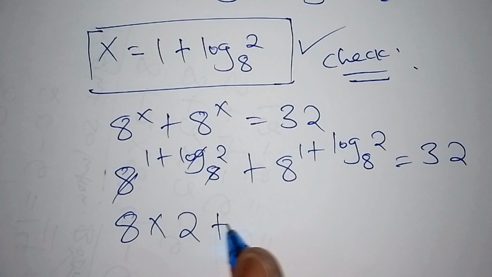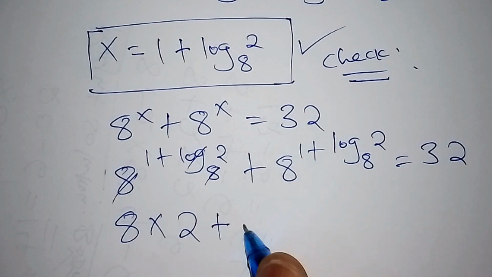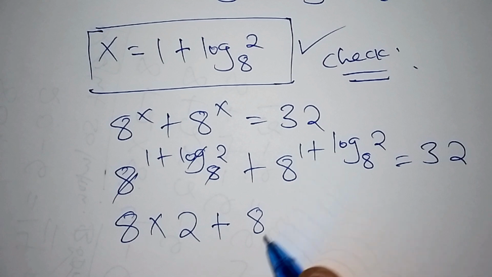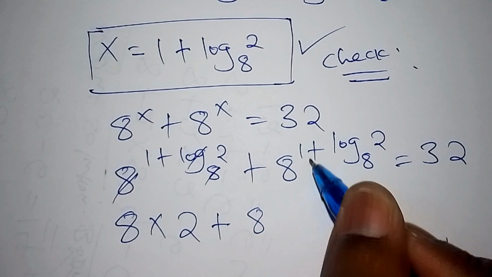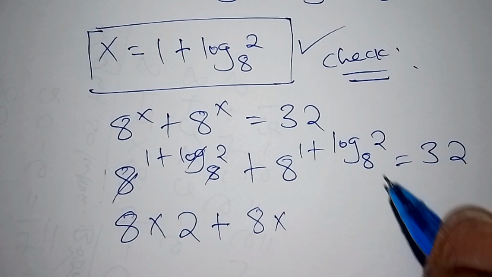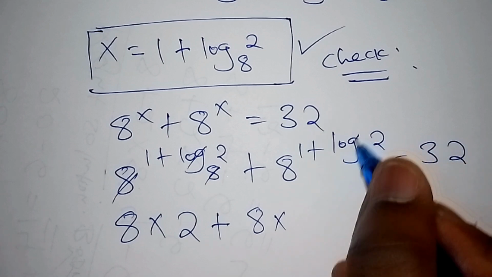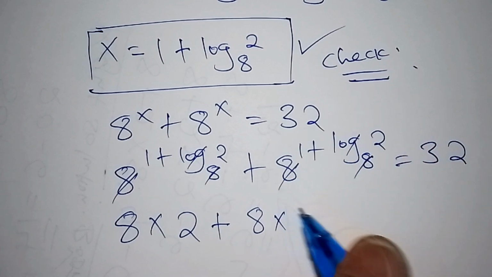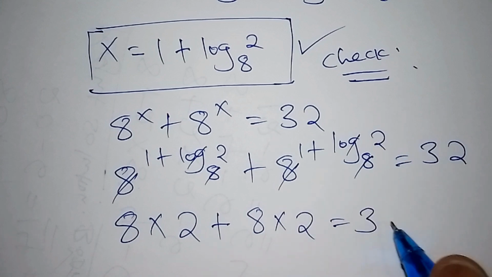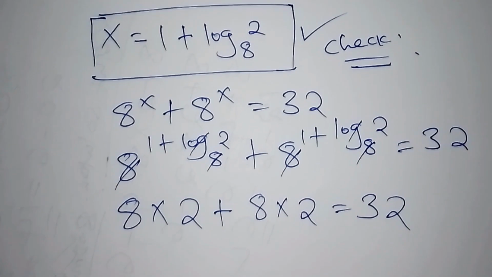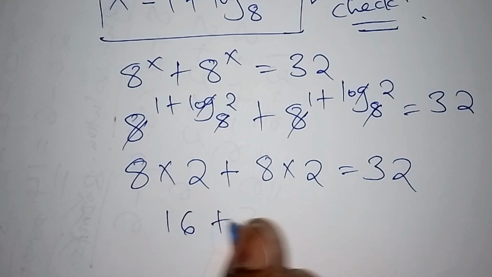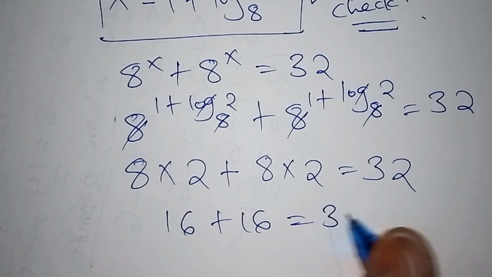Then here again, plus 8 to the power of 1, we have 8. Our plus changes to multiplication, so the log to the base of 8 cancels with this 8, and we remain with 2, which equals 32. So we have 8 times 2, which is 16, plus 16 should give us 32.